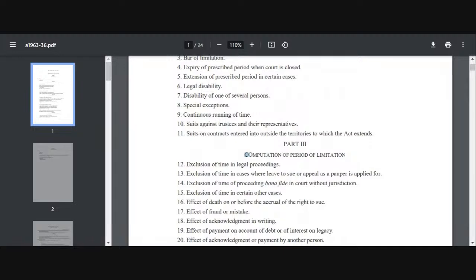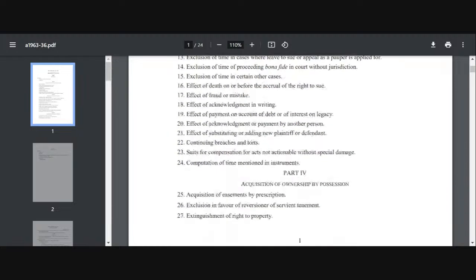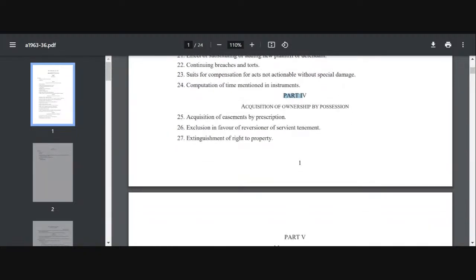Part 3 is computation of period of limitation. Part 4, acquisition of ownership by possession, very important, part 4. Part 5 is the miscellaneous part. And then we have the schedule.